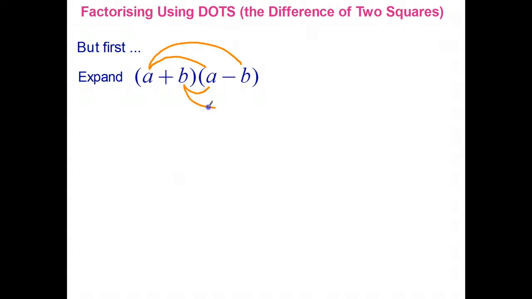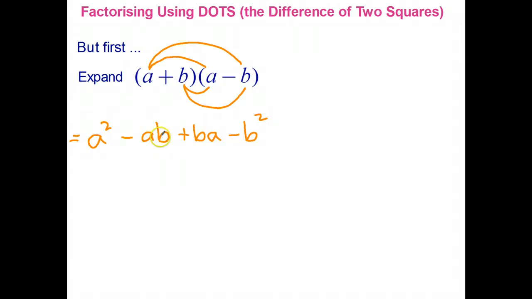So we draw the little crab claw, and what that tells us basically is we multiply a times a to start with, which gives us a squared, minus a times b, plus b times a, and minus b times b. So there's the expanded form.